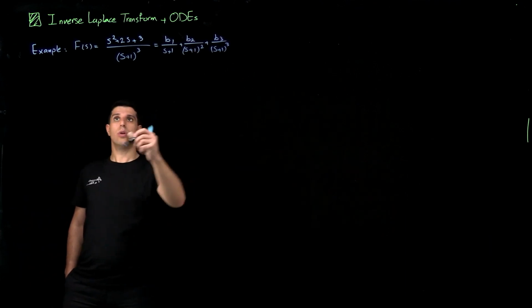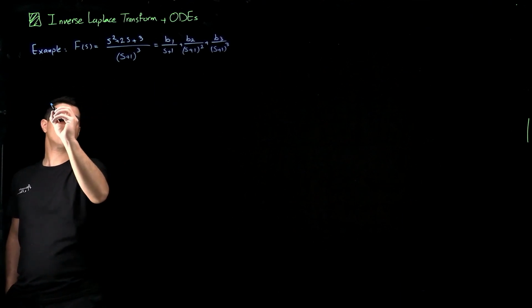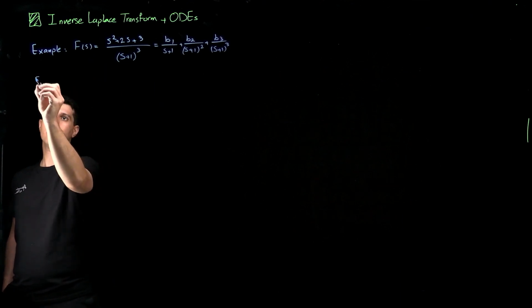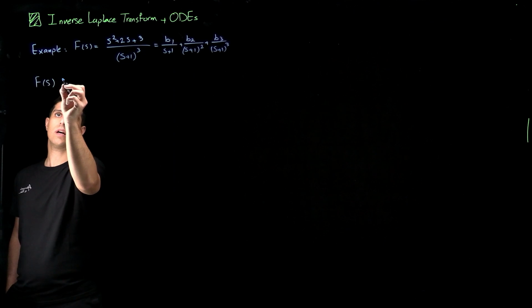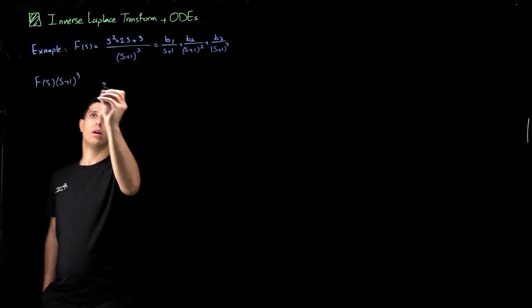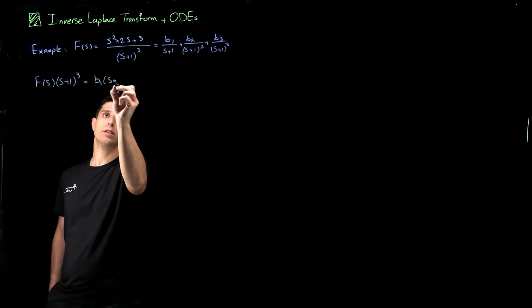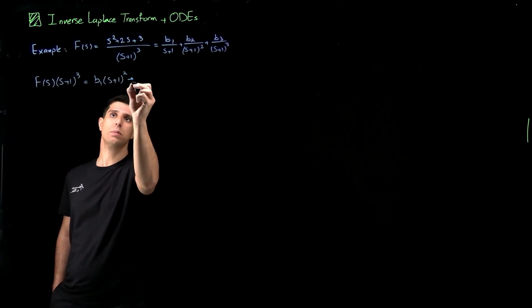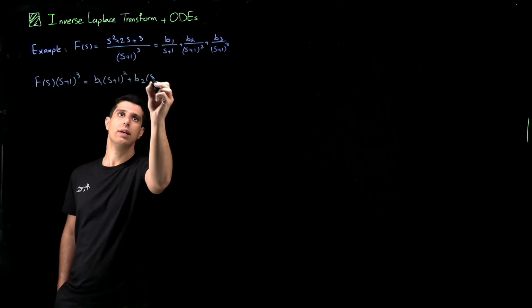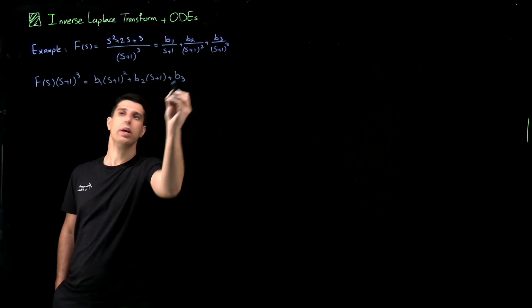So what we can do is multiply f of s by s plus 1 cubed. It is going to be b1 times s plus 1 squared, plus b2 times s plus 1, plus b3.